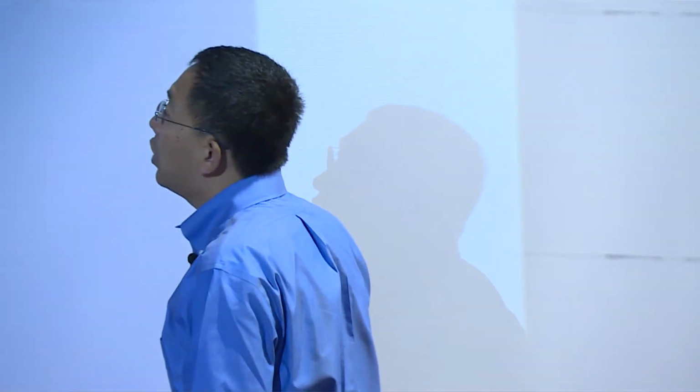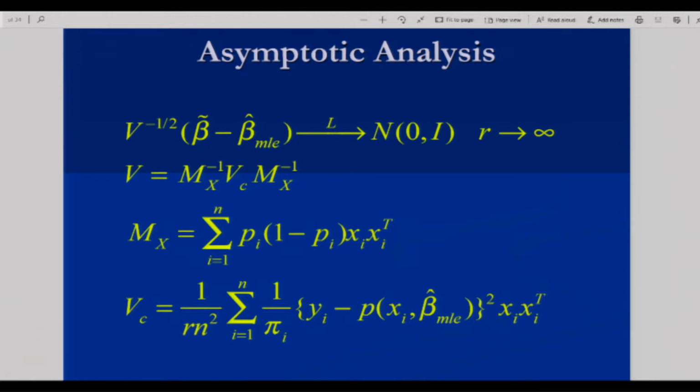Once again, we resort to this asymptotic analysis. We can show that this leveraging estimate is asymptotically unbiased with respect to the full sample maximum likelihood estimate, with a certain variance structure. But once again, we end up with some dilemma.